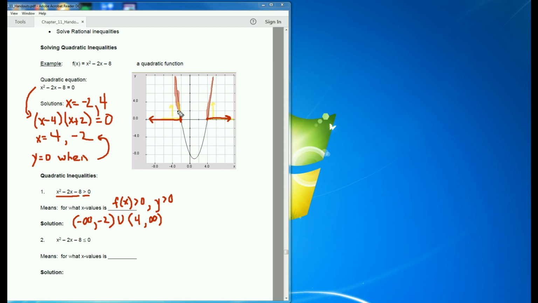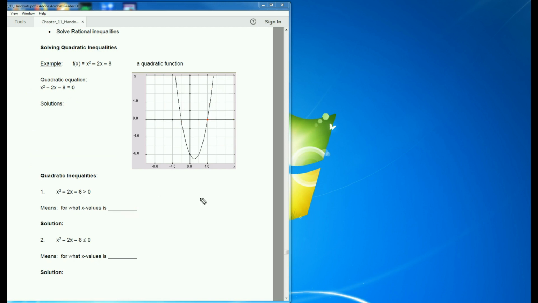All right, I'm going to erase all this stuff so I can redraw on the graph. So, what if we ask this question? x squared minus 2x minus 8 is less than or equal to 0. So now we're asking for what x values is f(x), or y, less than or equal to 0.